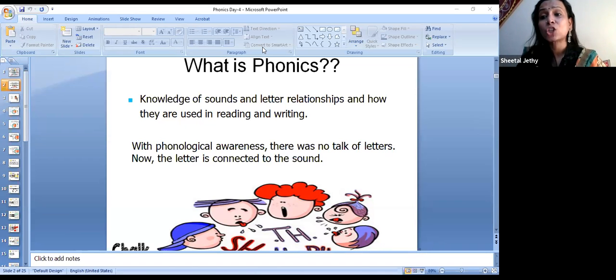What happens when a child has phonological awareness, right? When you look back, let's say in our age, in the 80s, there was usually no phonics awareness when we were learning ABCD or when we were reading and writing. The way we were reading is that we were just mugging up the words, the spellings. There was a dictation test where we were told that these 30 or 50 words you will have to read and remember and then come back and the teacher will take a test.